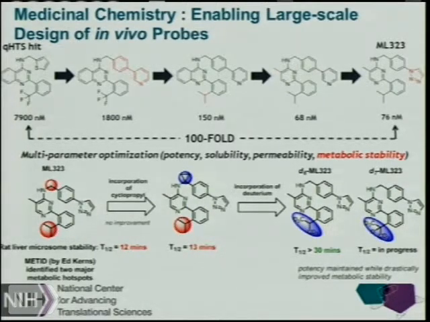So we have an integrated pipeline at NCATS that does that. We have medicinal chemistry in the building as part of the teams that we have. Again, going back to the notion that translation is a team sport.